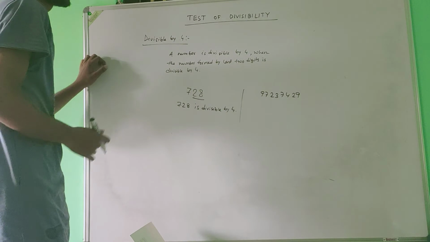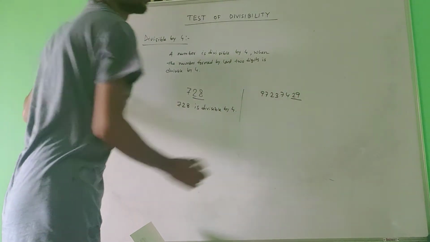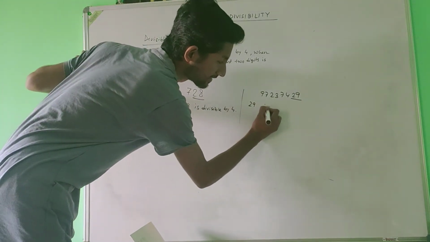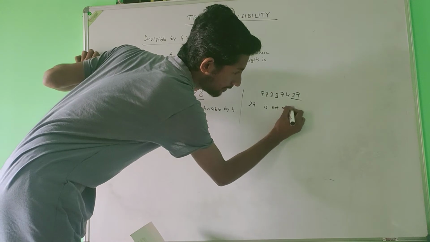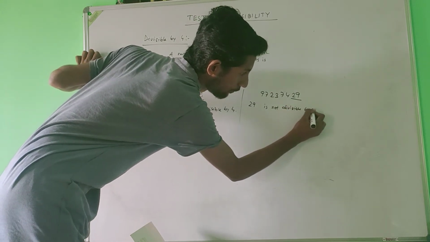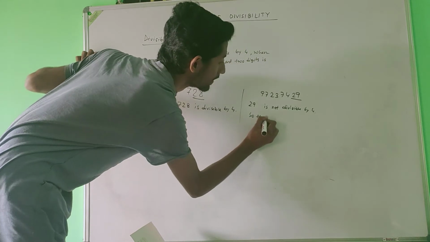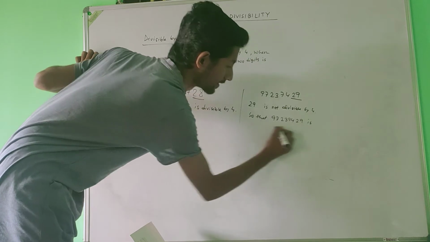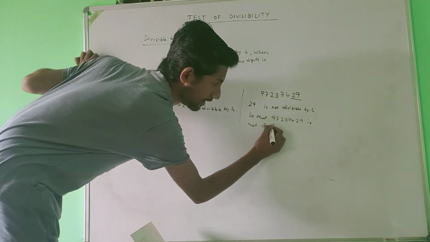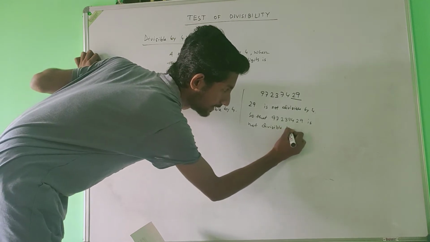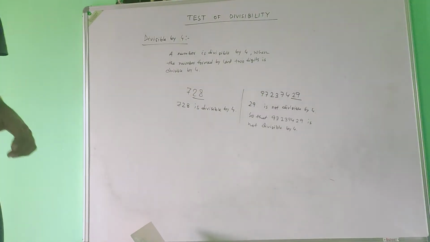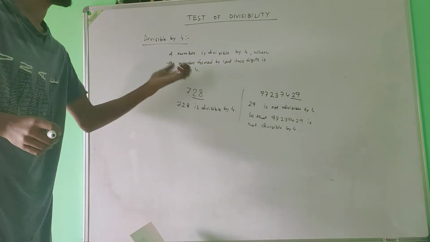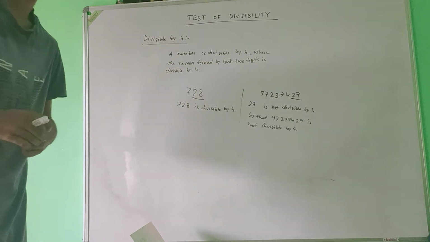The number formed by the last two digits is 29. 29 is not divisible by 4, so this number is not divisible by 4. I think it's clear: the number formed by the last two digits has to be divisible by 4.